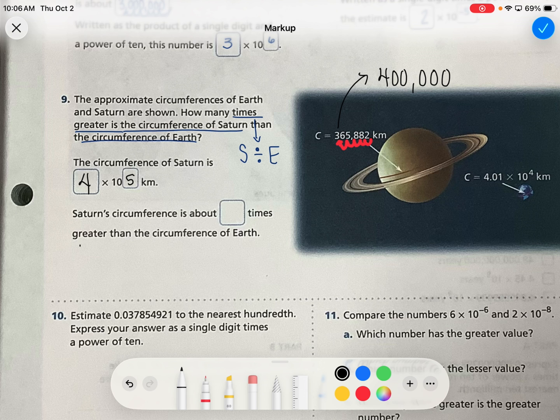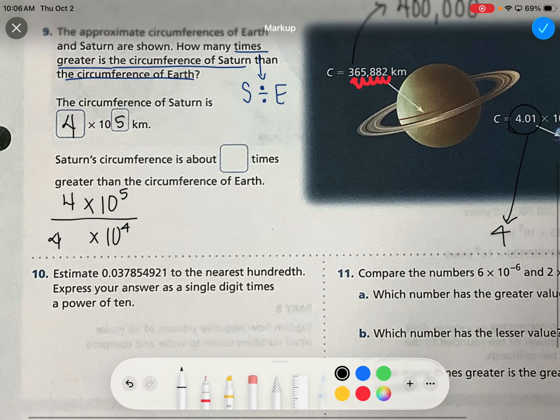Now, the circumference of Earth is already like that, right? So I'm going to divide Saturn divided by Earth. Yeah, but what should I do with this 4.01? Does it round up or down? To what? To 4. So I can just leave it as 4. Divide your coefficients. 4 divided by 4 is 1.